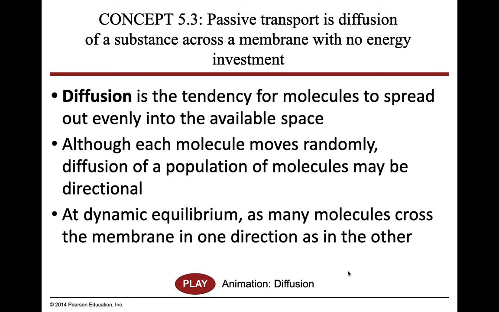Each molecule moves randomly within that population of molecules, but it is often directional in terms of a high to low concentration. Once we achieve equilibrium, the molecules aren't going to be moving in a net direction.